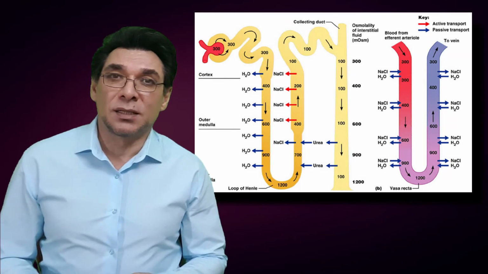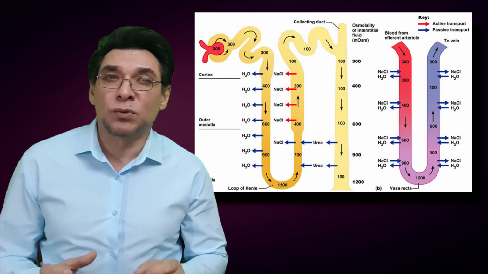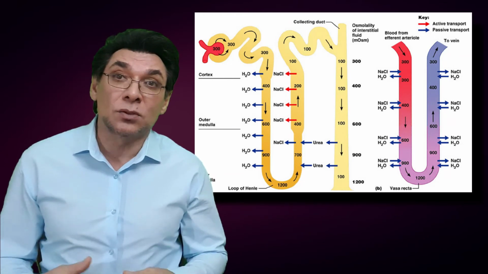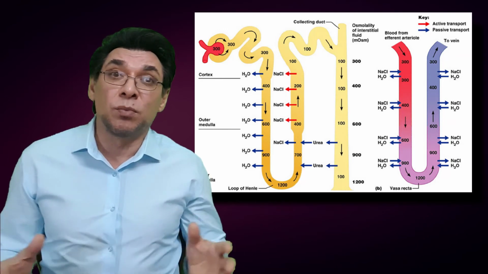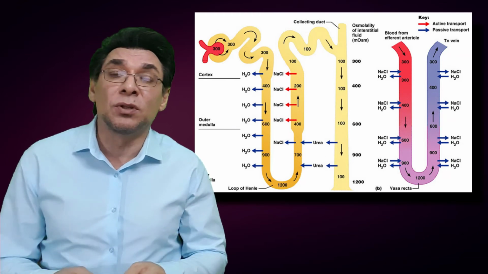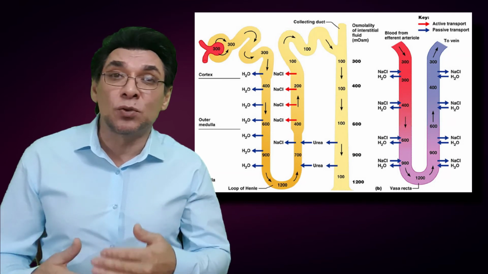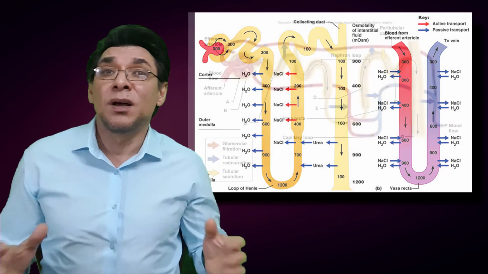Some substances, including byproducts of metabolism that become toxic in high concentrations, and drugs or other molecules not normally produced by the body, are secreted into the nephron from the peritubular capillaries. As with tubular reabsorption, tubular secretion can be either active or passive.